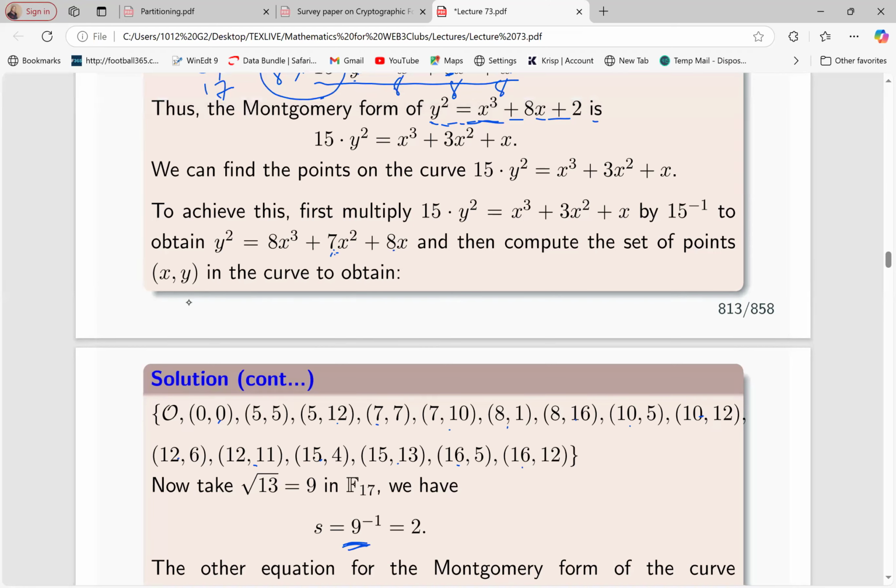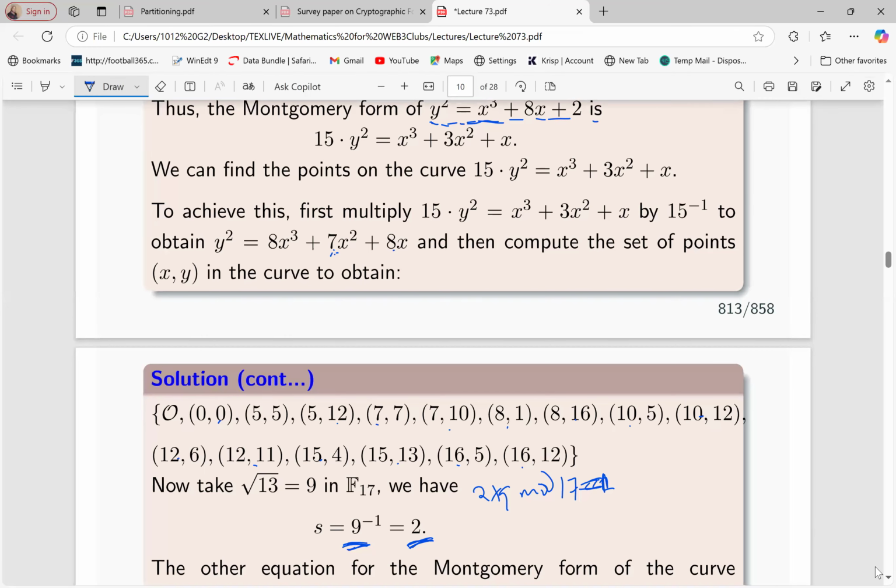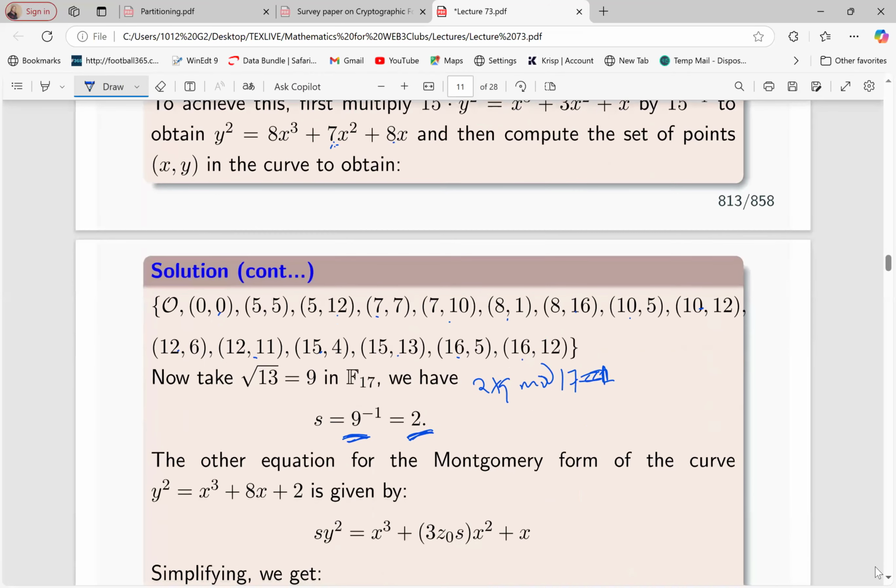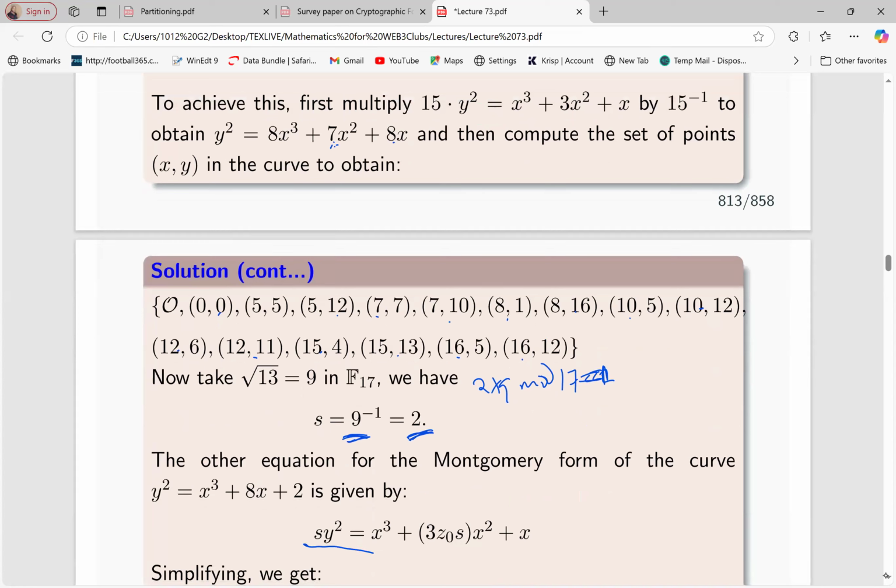The inverse of 9 is 2, because 2 times 9 mod 17 is 1. So 2 is now our S. We form a Montgomery equation using 2.